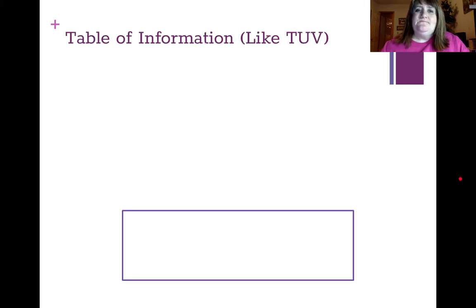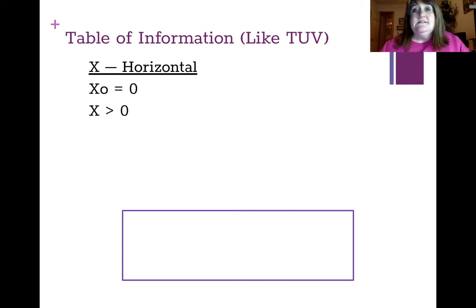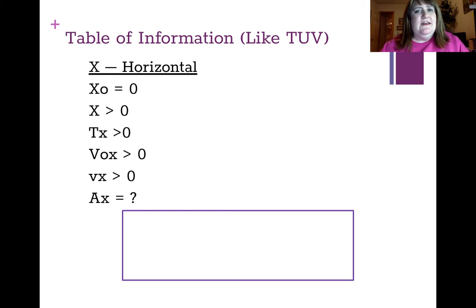So, horizontal, remember, distance, x naught is 0. X is some value that you may or may not have to find. Time x, tx, v naught x, vx, and ax, which should be 0.